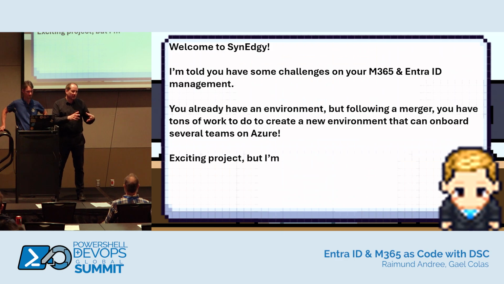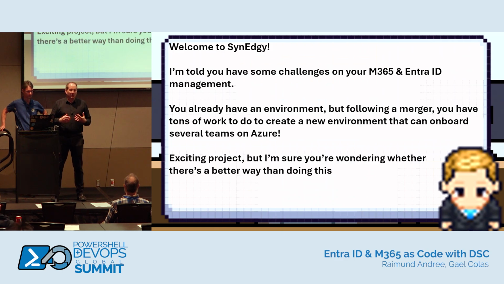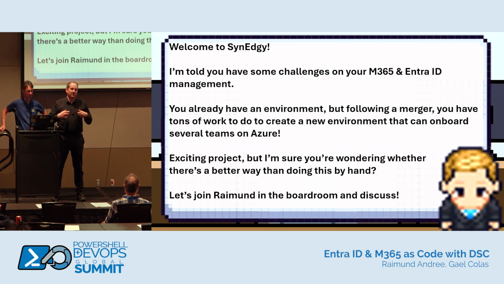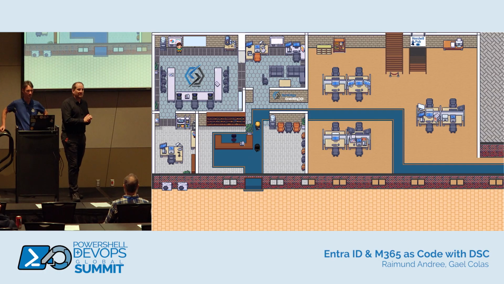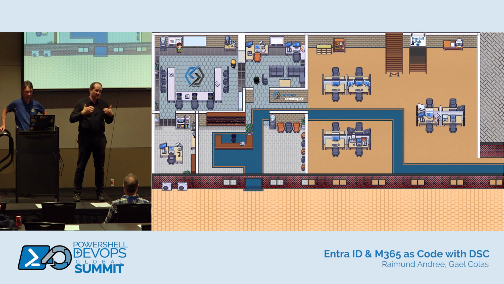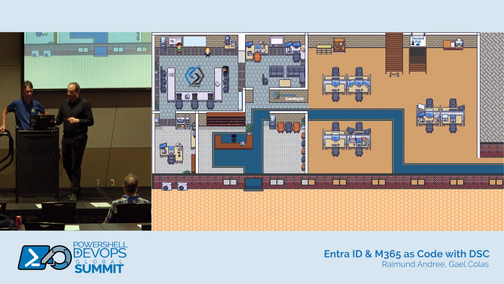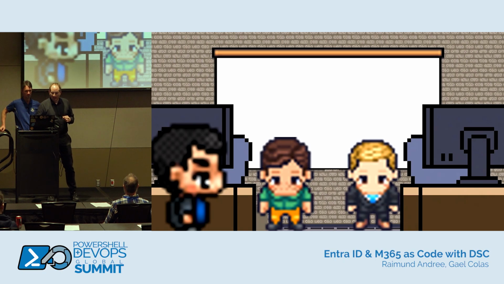You already have an environment, you know what it's like, but spinning up a new environment, a new configuration, is complex, because you've done it before, but then you need to reproduce what you've done, and what are the challenges? So it's an exciting project, but how can we be efficient in doing this? So let's run to a meeting room, and then we'll discuss what the project is, what the background is, what needs to be done, and then we will try to get some more details.